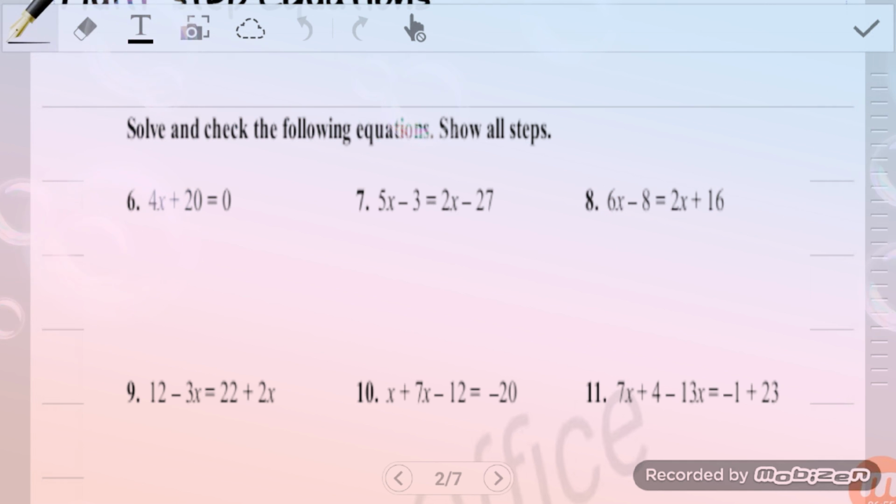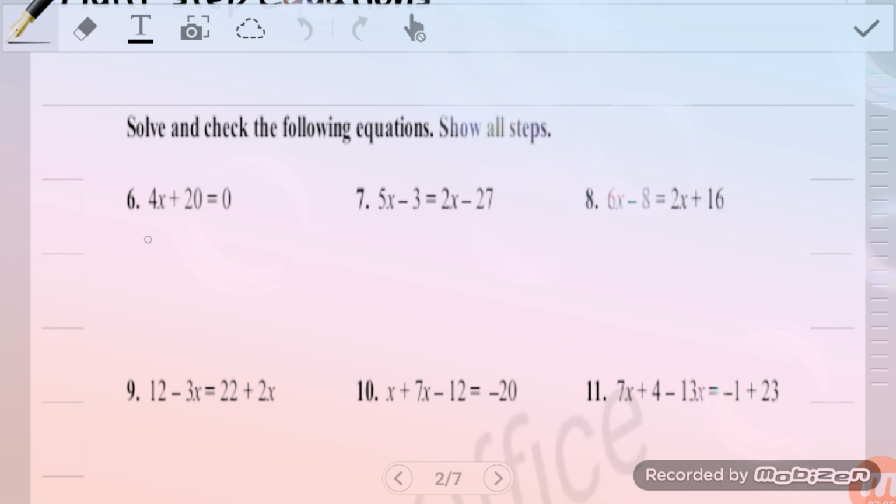All right, so the first thing that we're going to need to do here is to focus on isolating the variable, which in this case is x. So we now need to transpose the 20 and balance both sides of the equation by dividing by 4.